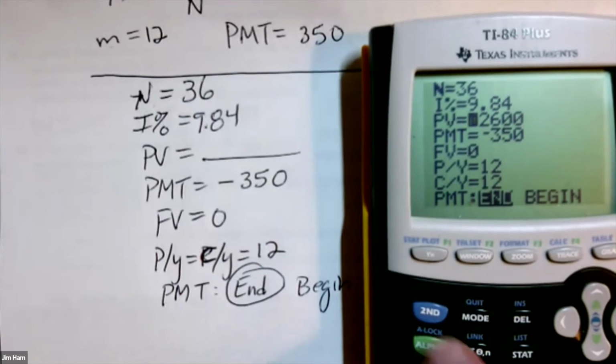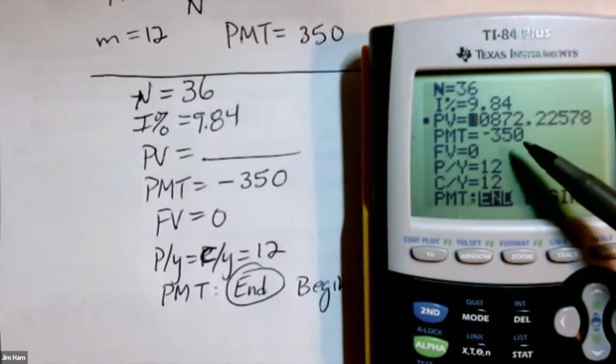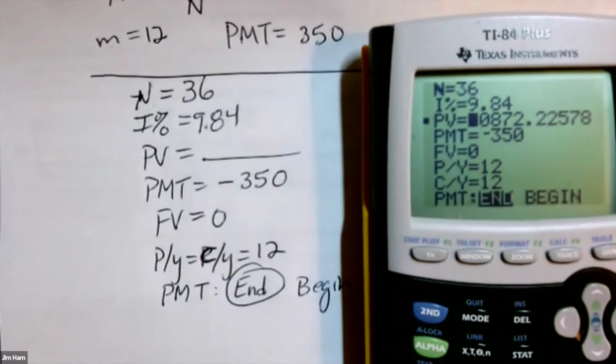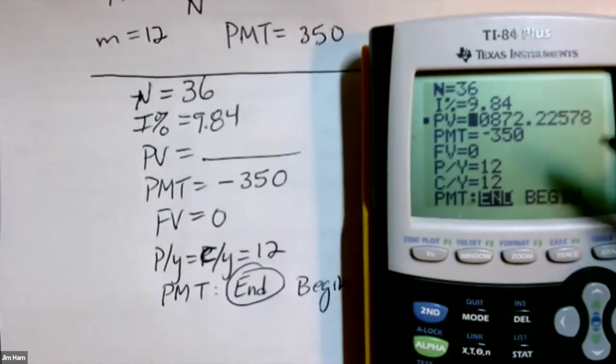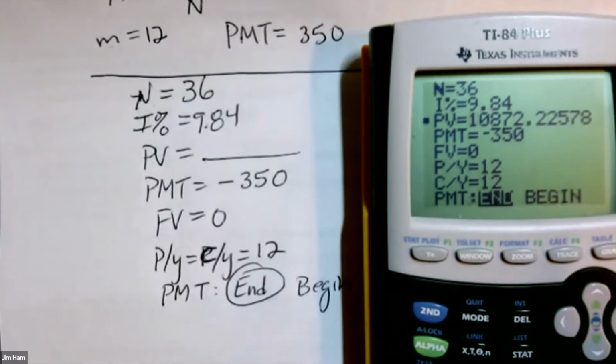Let's see what it is. Oh no, I had to go the other way. Sorry. This is what you can afford, so that if you make this 350 payment, you're actually making $12,600 worth of payments. So there it is.